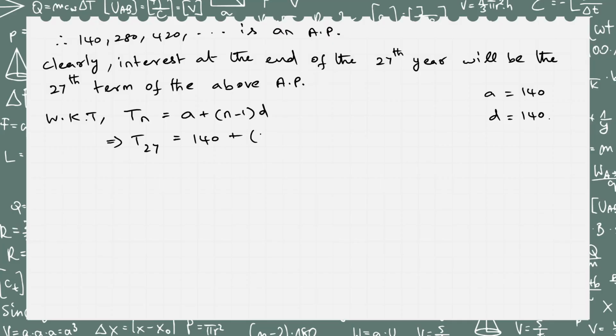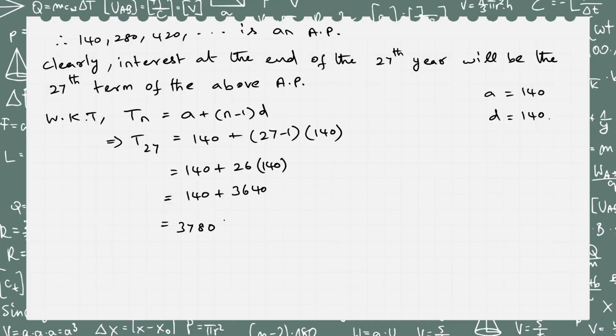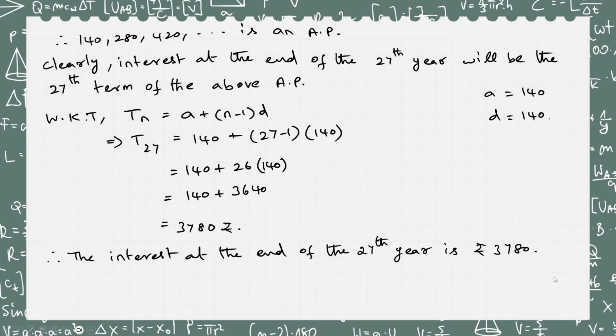So, 140 plus 27 minus 1 into 140. So, this is 140 plus 27 minus 1 is 26 into 140. That will be 140 plus the product of 26 and 140 is 3640. And adding these two, we get 3780 rupees. So, the interest at the end of 27th year will be 3780 rupees. That's the end of the sum.